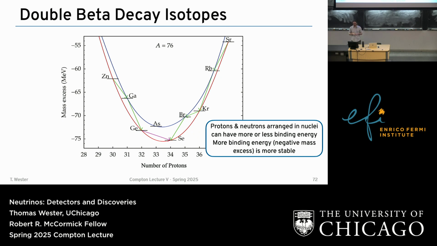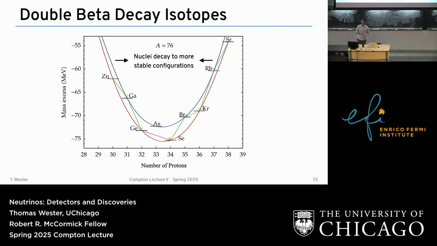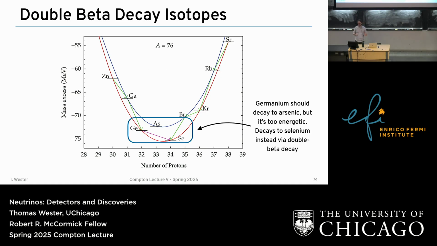But for some elements, there's actually a gap where you can see on this parabola, if I get to germanium here, now I'm stuck because my next element over is arsenic, but the binding energy of arsenic is actually higher than the binding energy of germanium, so I can't do a beta decay. That would violate energy conservation.